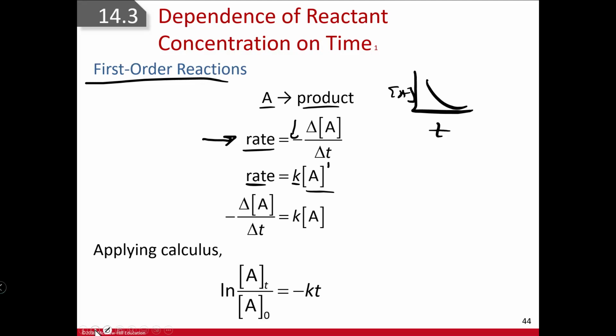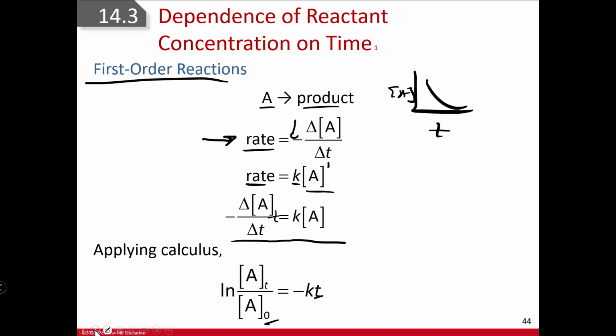So we set these two equal to each other. And here's all that calculus you've had. This is the change in concentration over the change in time equals K[A]. We do an integration of this, and when we integrate, the t comes out here, and then we get the ln of A at some time t divided by A initial.